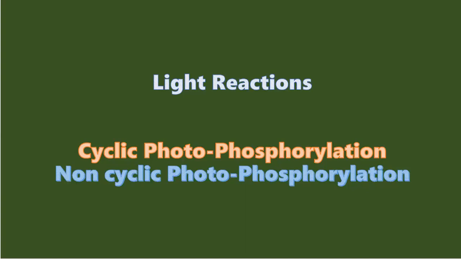Synthesis of ATP in the presence of light, this we call photophosphorylation. This photophosphorylation is of two types, like I told you, cyclic and non-cyclic. Let's see about these two types.